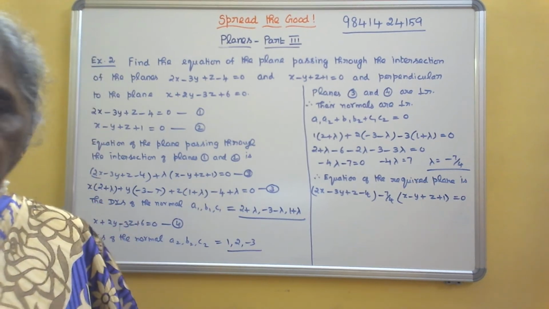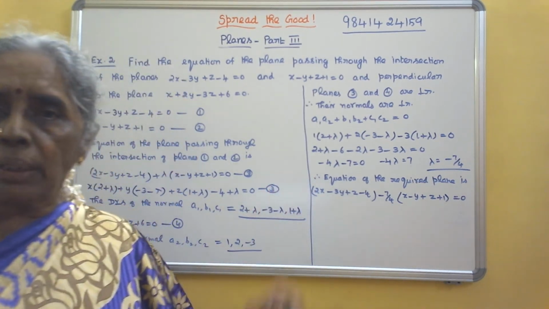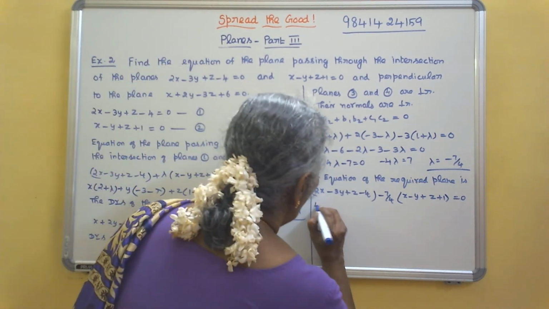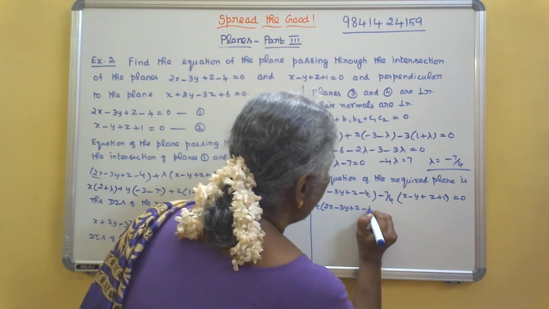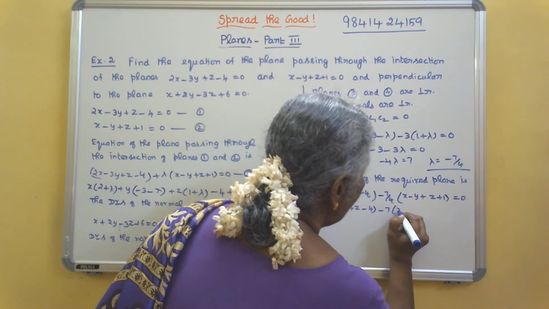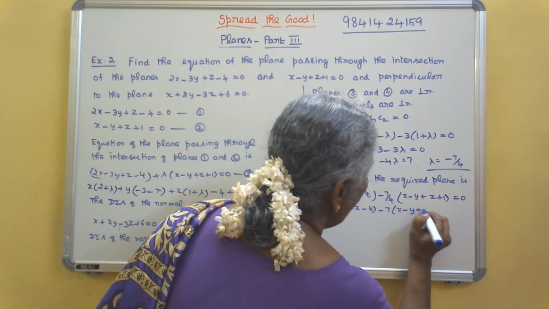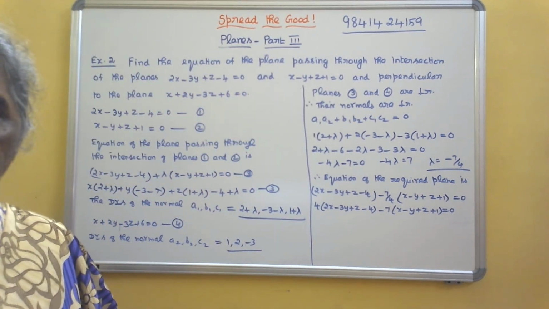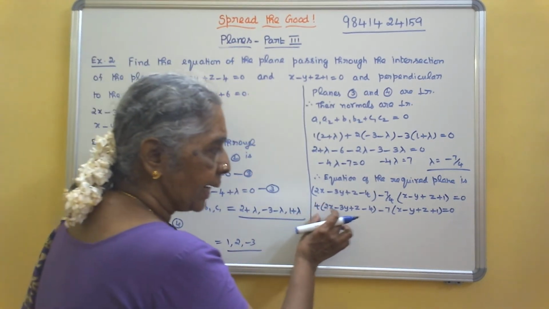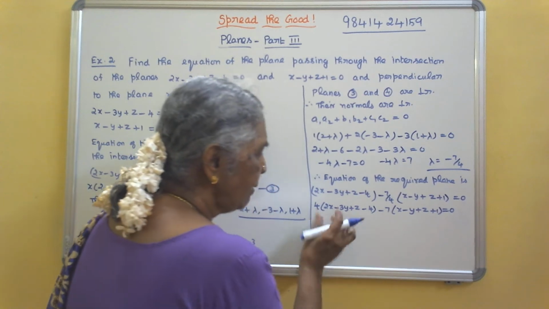I have already told you, bring this denominator 4 there, okay? So you will get 4 into 2x minus 3y plus z minus 4, minus 7 into x minus y plus z plus 1 is equal to 0. Now let us write it properly. 8x minus 7x, so x, right?